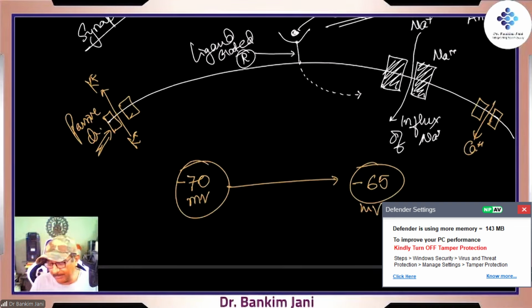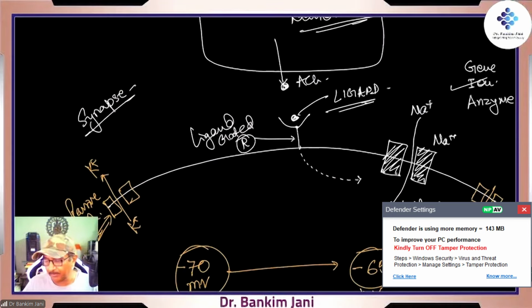When it is relatively more positive, that means less negative, so we'll be calling it depolarization. You might say that it is not much of a difference, but this small difference is important. So this is what is called depolarization.